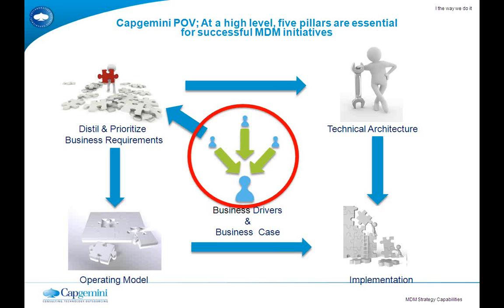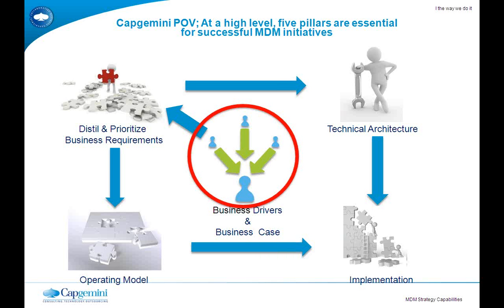In order to successfully implement MDM, there are what we call 5 pillars that need to be all done correctly and put effectively in place to have, in the end, a successful master data management environment that you're able to leverage going forward. The first one I'll focus on is the business case, the business drivers.